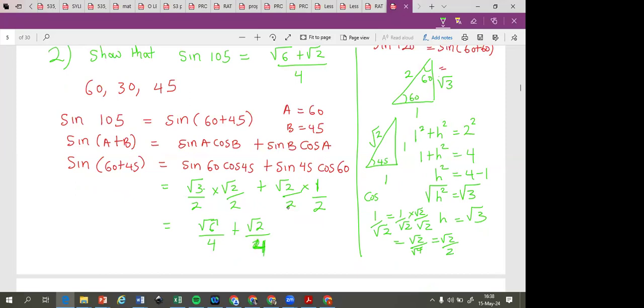So our common factor is 4. So meaning we can conclude and say the answer they wanted has come out: root of 6 plus root of 2 out of 4. Is that fine? Yes. And whenever they tell you to show, make sure you come from the left-hand side and you go to the right-hand side. So you don't interchange.